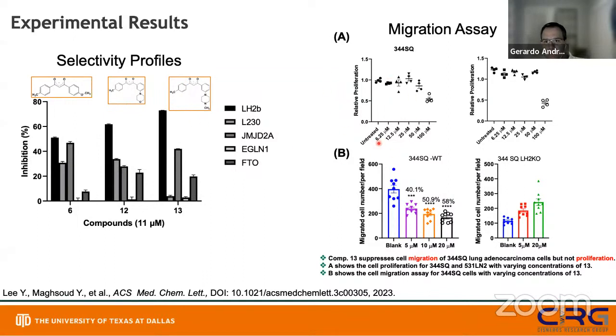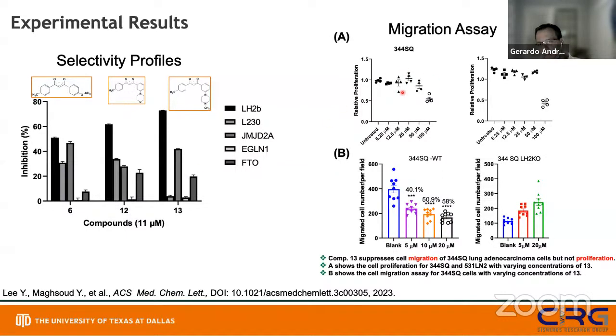These are the experimental results on the synthesized ligands using LH2. And what this shows is that the systems are selective, the ligands are selective. So for LH2, they have very good inhibition, but for several other enzymes that are very similar to LH2, the inhibition is much less.